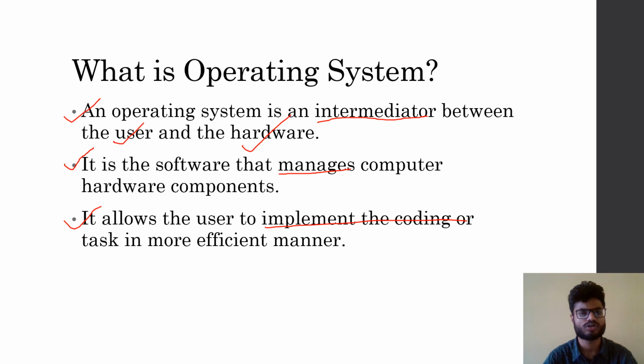That means it gives a proper, interactive environment so that the user can properly interact with the computer. Like if you are running some code in Code::Blocks and an error has occurred, it doesn't mean the entire system will crash. Only that part, only that code, will not be executed, and it will let the user know that here is an error.